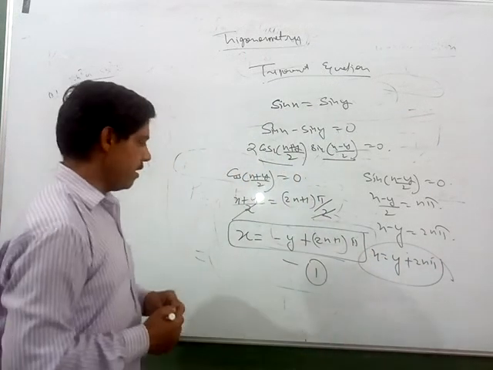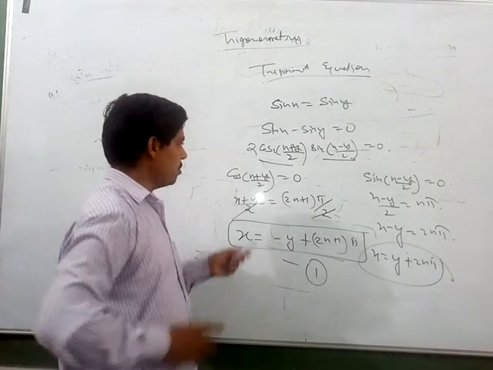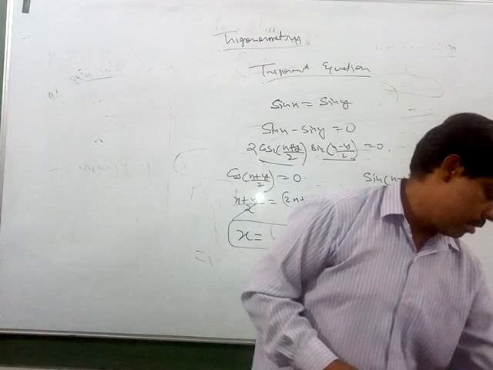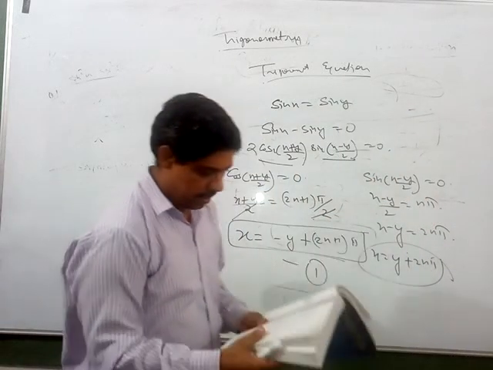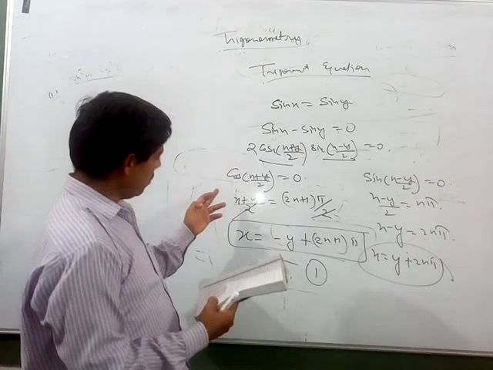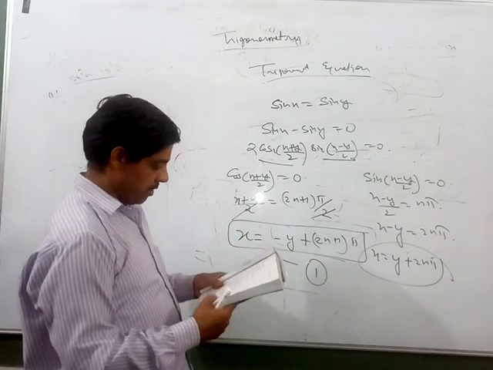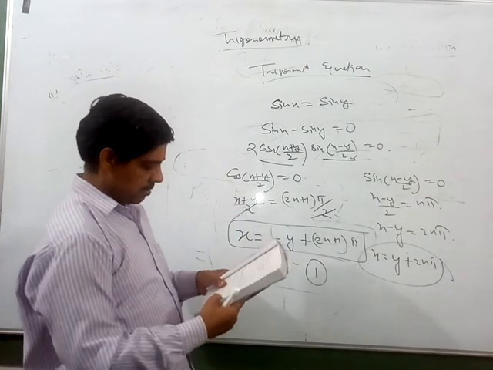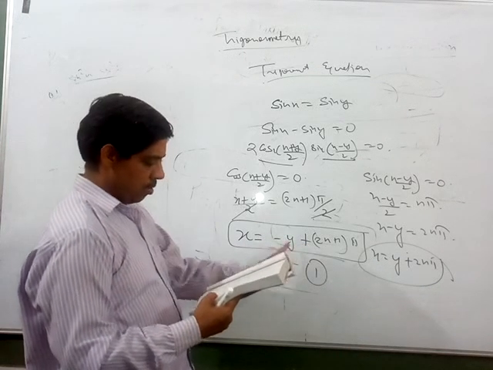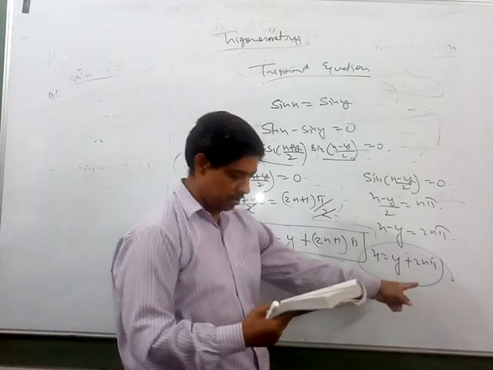Okay. And here also it is cos((x plus y)/2). Okay. So let us check this. So we are getting sin x is equal to sin y, 2 cos((x plus y)/2). X plus y is equal to this. So we can write this one is okay. x is equal to (2n plus 1) pi minus y, or x is equal to 2n pi plus y.